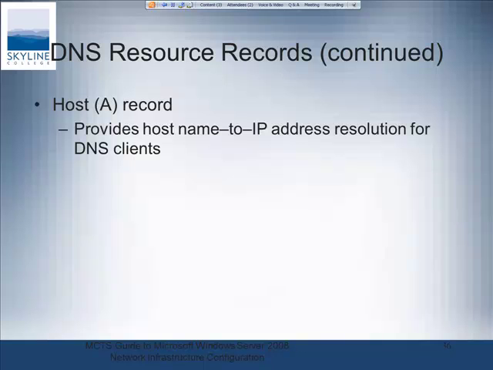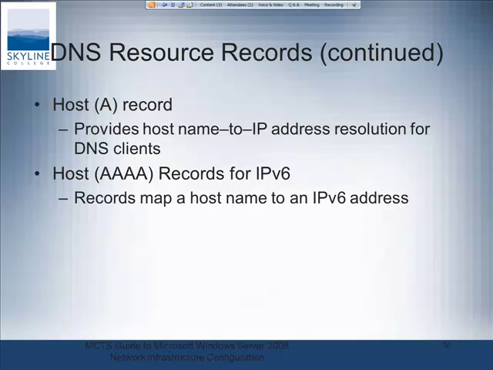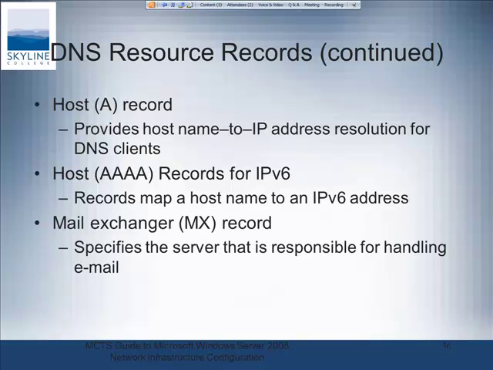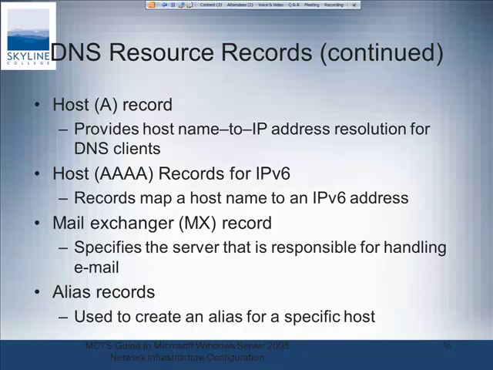Resource records, and you probably, all you had in the Linux class, have already been through all of these. The host records, the A or the quad A, the AAAA records are IPv6 records. So you got an A and an AAAA. A is IPv4, AAAA is IPv6. MX records represent SMTP servers, mail servers, mail exchanger records.